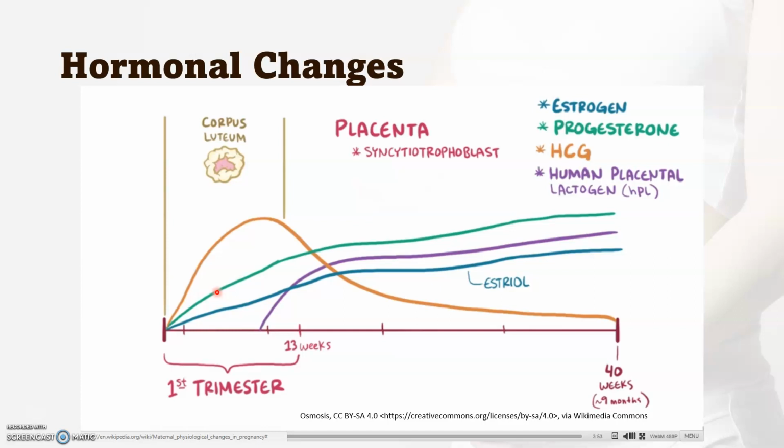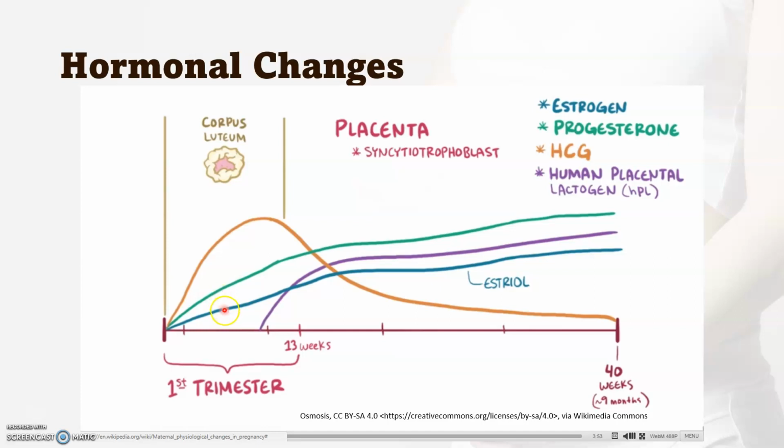It also has quite widespread effects on other parts of the body, including soft tissue, including the vagina and genital tract, and it may be associated with the development, for example, of edema in the pregnant female.